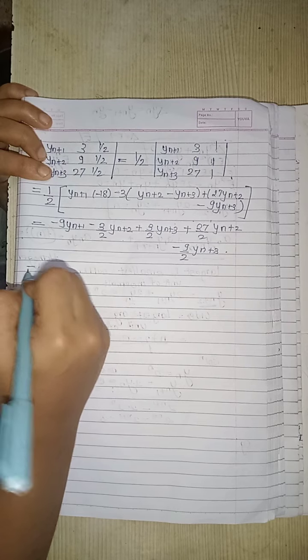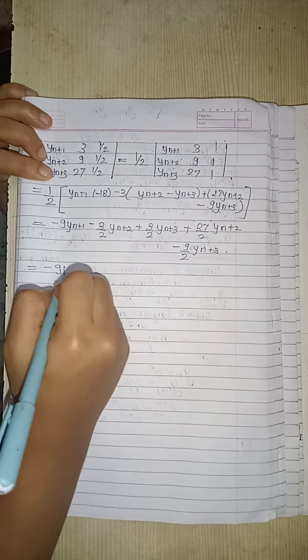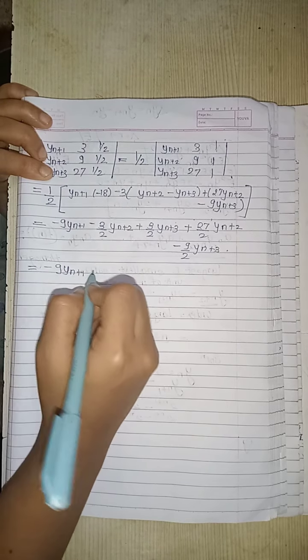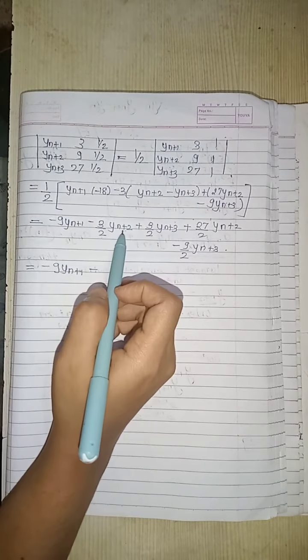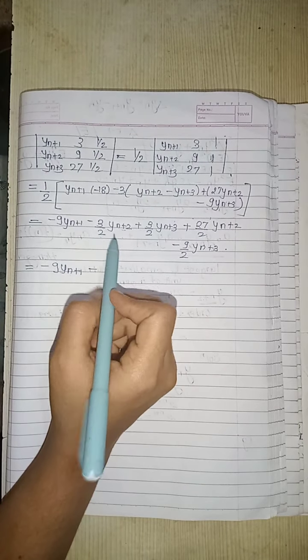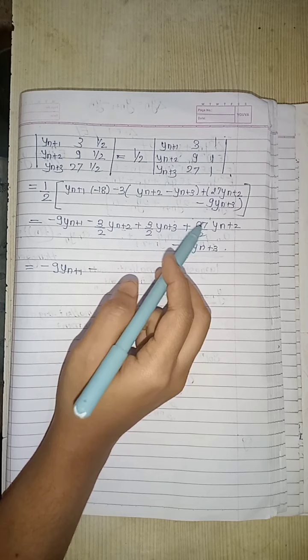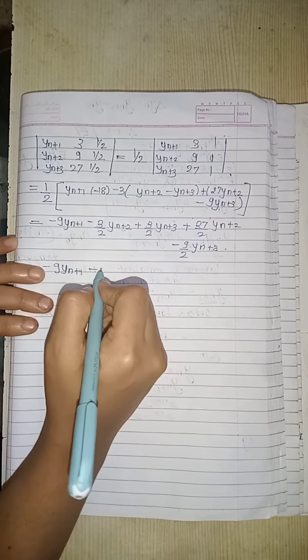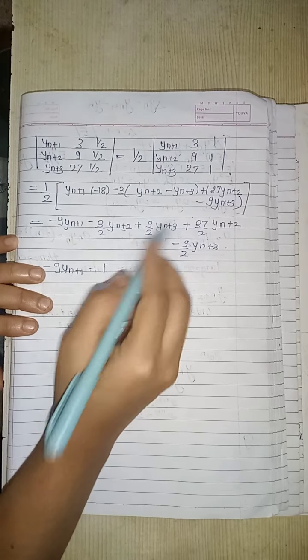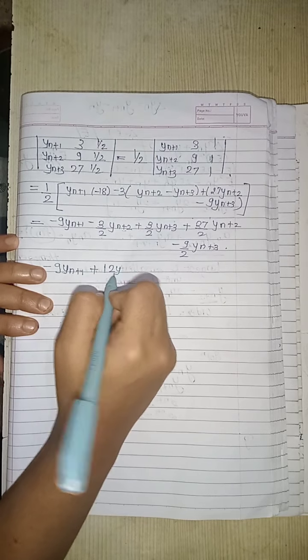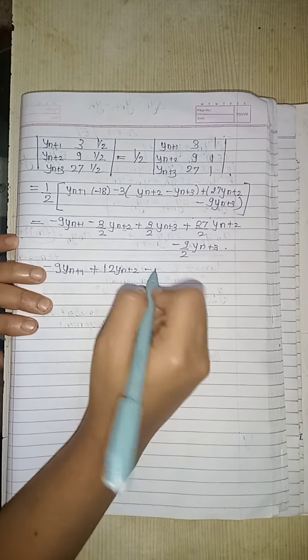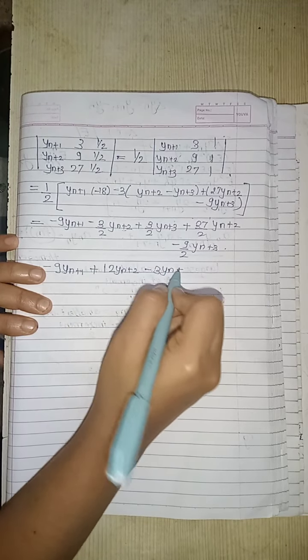So this will lead you to minus 9 into yn plus 1 plus 12 yn plus 2 minus 3 yn plus 3.